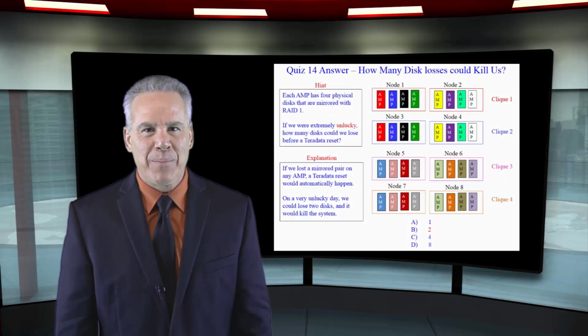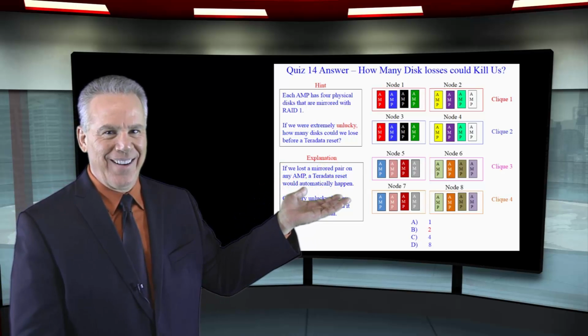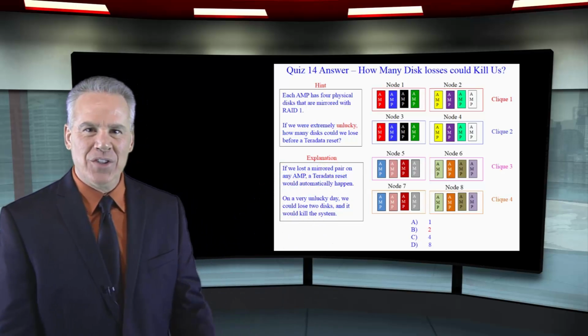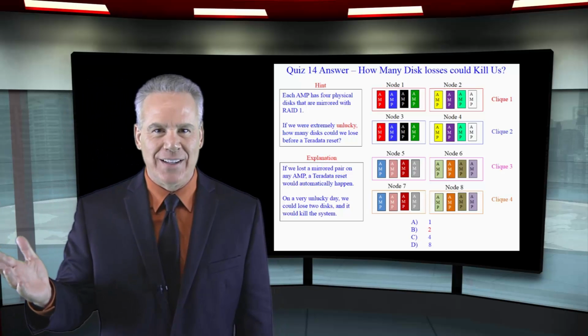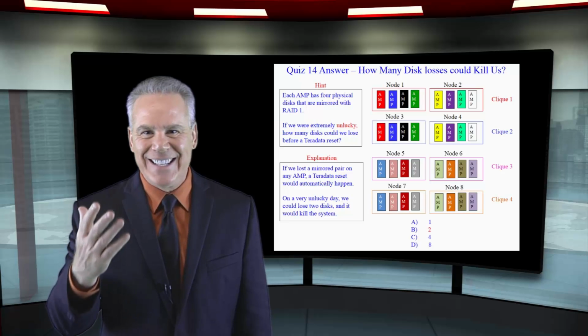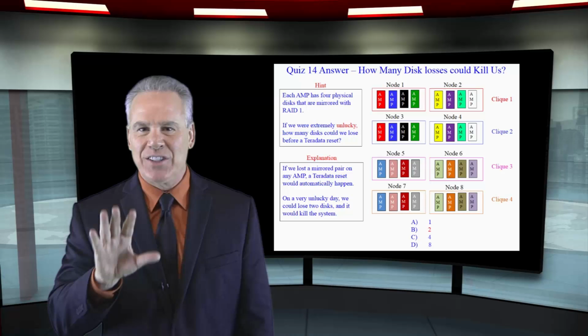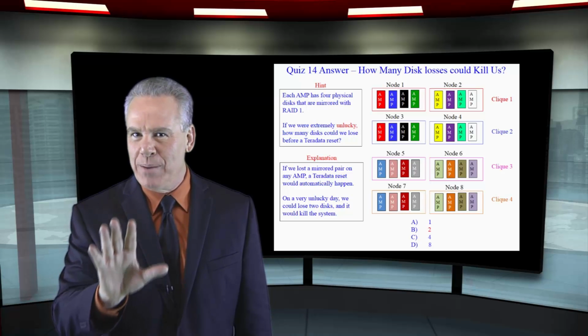If one amp lost its disk and a mirror, we'd be out of commission unless it was fallback protected. So on a bad day, if an amp loses its disk and a mirror, it has no way to get that data. The system cannot do full table scans.